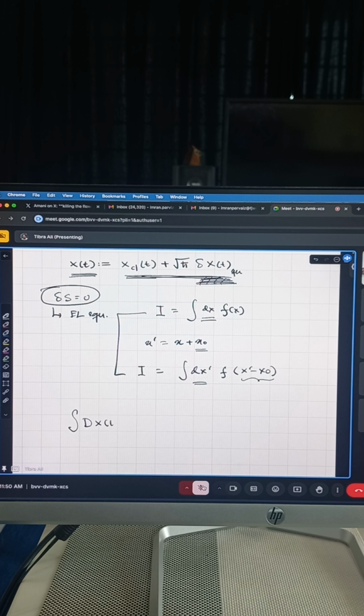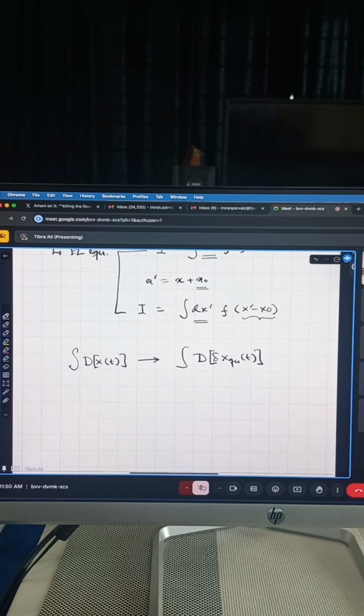So the measure that we had in our path integral, which was something like this, gets replaced by an integral over all the quantum correction paths. Okay? So now, we also express our action.